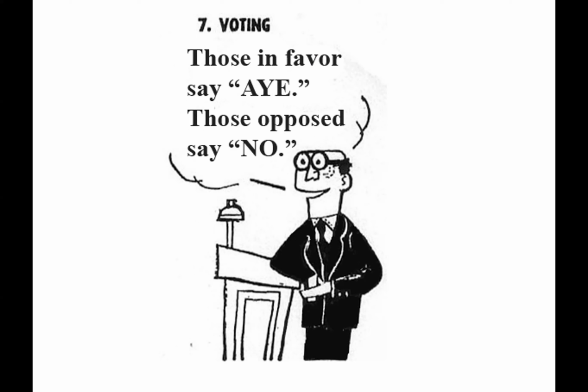You must always call for both the affirmative, those in favor, as well as those opposed. So you can't just say those in favor say aye and then not give that opportunity for those opposed to say no. Later on, you'll look at other ways that you can do voting, but this is the default, unless your rules have some other mechanism.